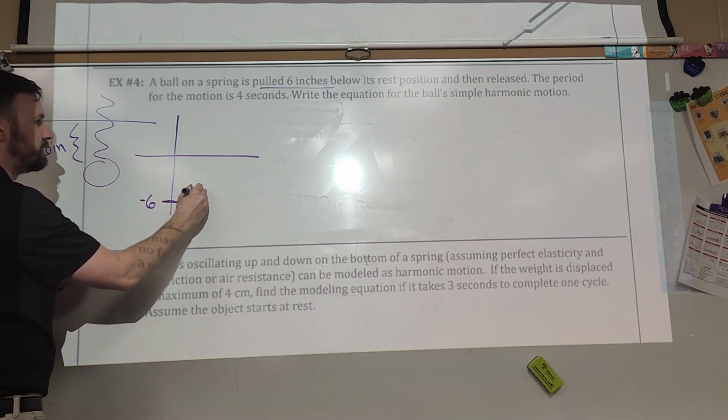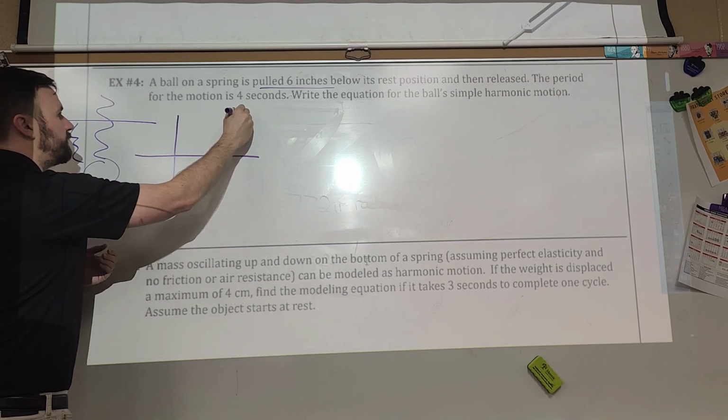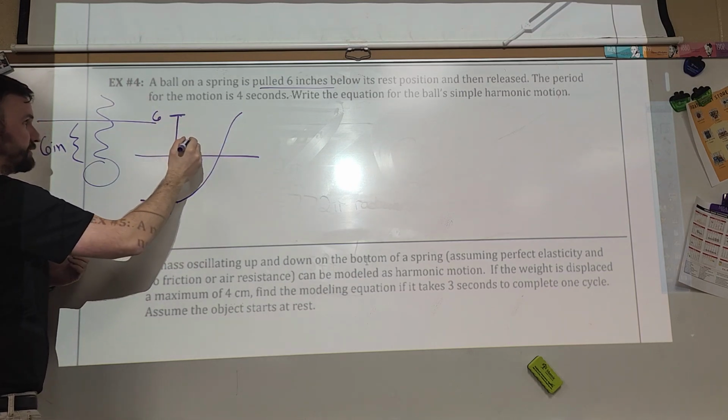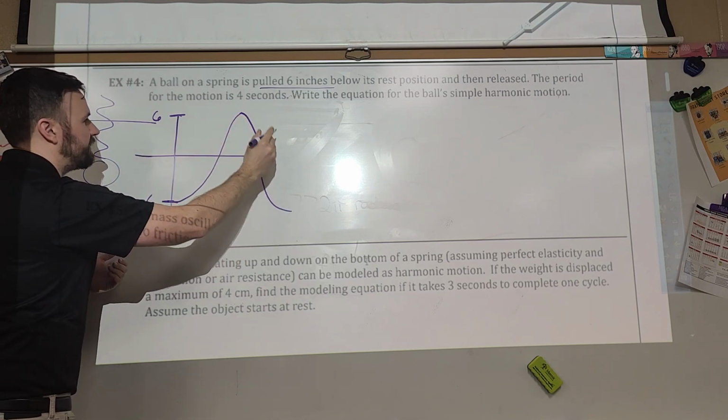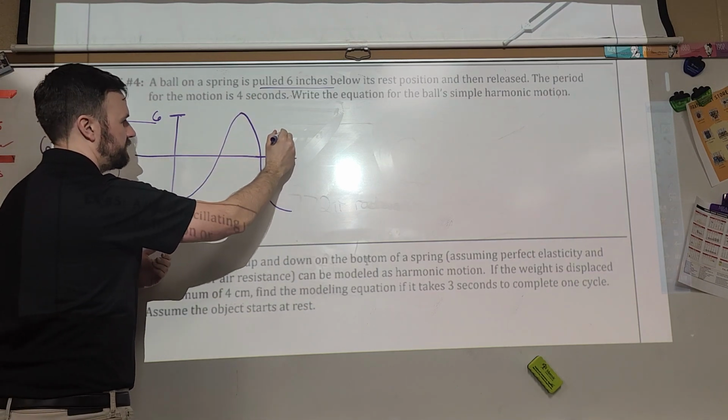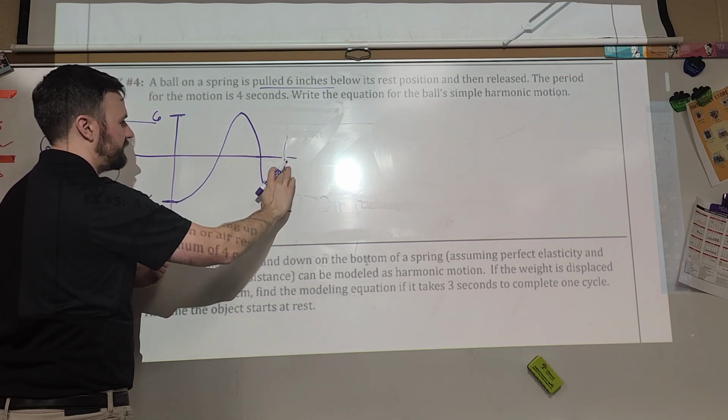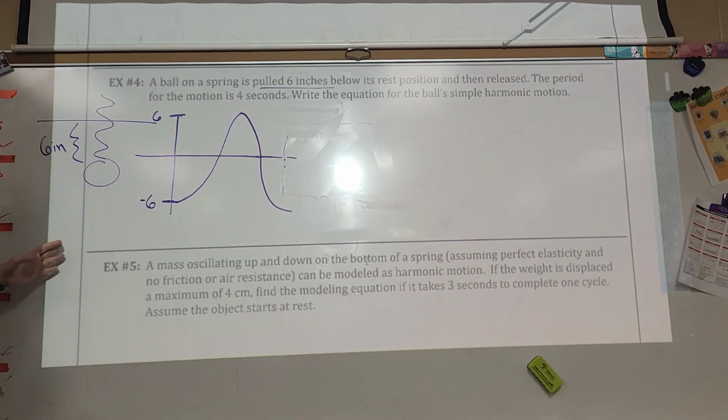And what's it going to do? It's going to go up to 6, and then drop back down, right? It's going to do that forever. You don't need to draw a graph; I'm just drawing this for my own benefit. I like to see what's going on.